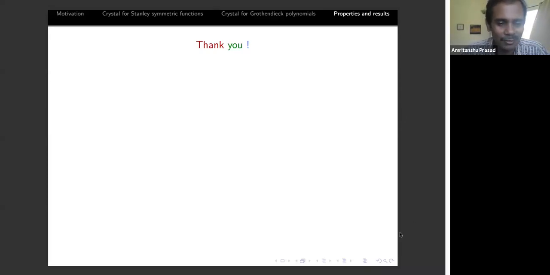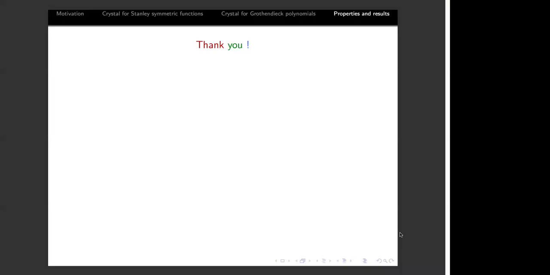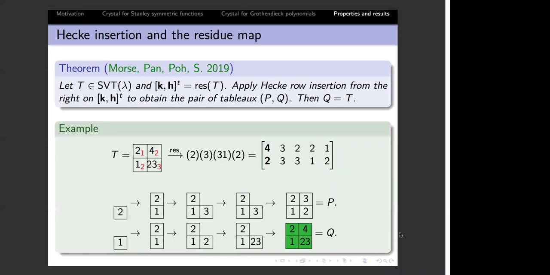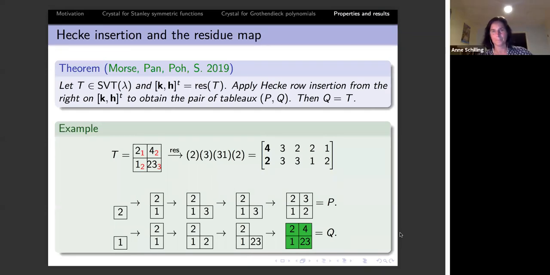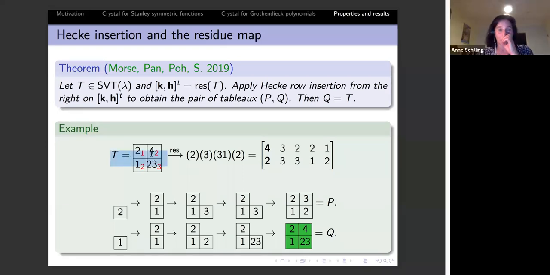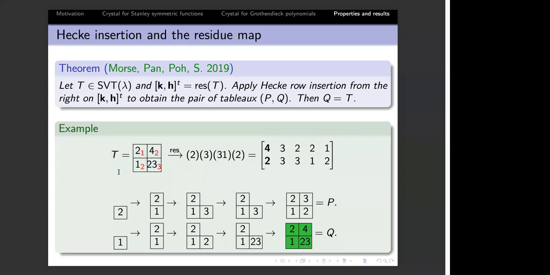Take Raghavan's question first. Could we see the last but one slide, please? One more, please. This one? Yeah, so one question, maybe I have not understood this properly. So you start with this set valued semi-standard tableau. It has to be of straight shape. It's important now that it's of straight shape.